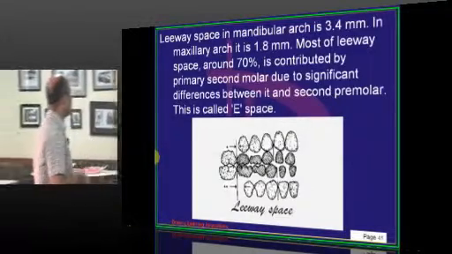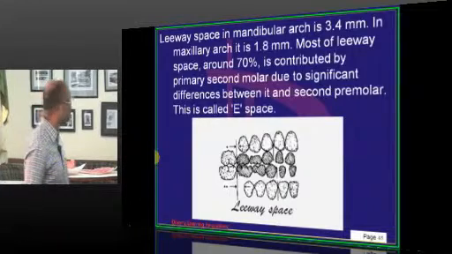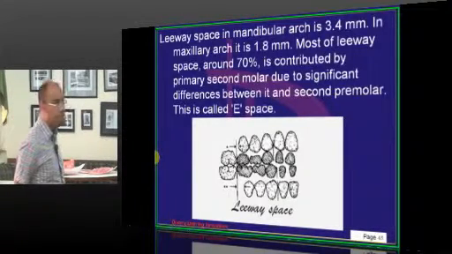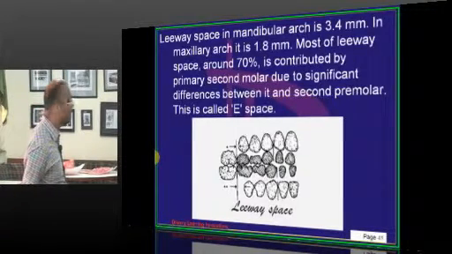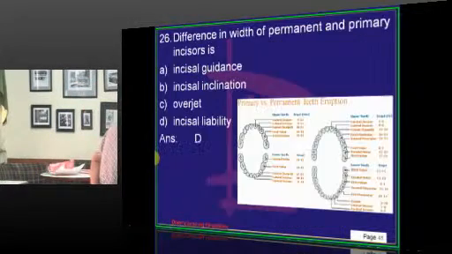The leeway space in the lower is around 3.4 millimeters for the entire arch, and 70% of it is contributed by your primary second molar. So it is also called as E space or leeway space of Nance.